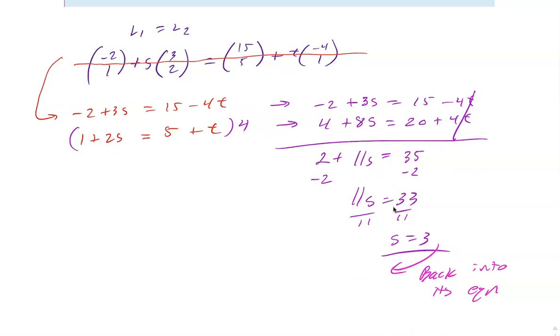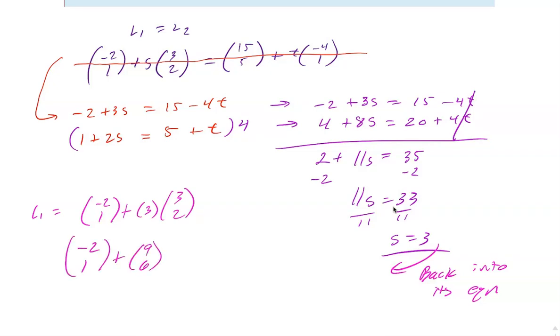So line 1 is (-2, 1) plus 3 times (3, 2). Simplify, and I get (7, 7), or the point 7, 7, not the vector. So that's where these two things hit. They hit each other at (7, 7). And that's it. You don't have to find your t.